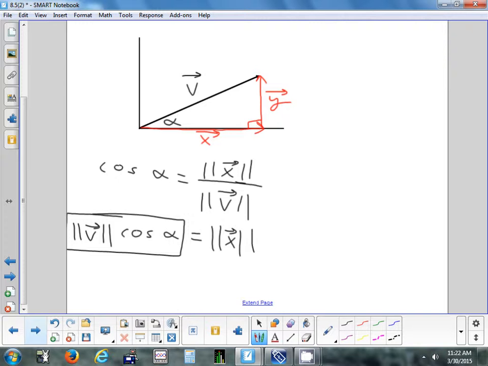Sine. Yeah, we're going to use sine. Sine of my angle equals opposite over hypotenuse. So it's the magnitude of y over the magnitude of v. And do the same thing. Get magnitude y by itself. Okay, so Kobe, what's the magnitude of y going to equal?